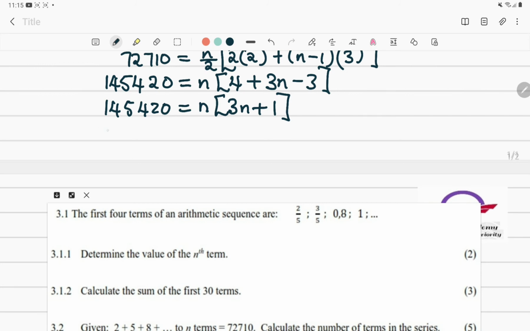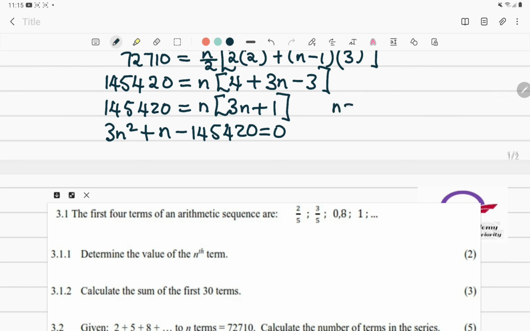And we can simplify this to be 3n squared, as we multiply in that n, plus n minus 145,420, equals 0.